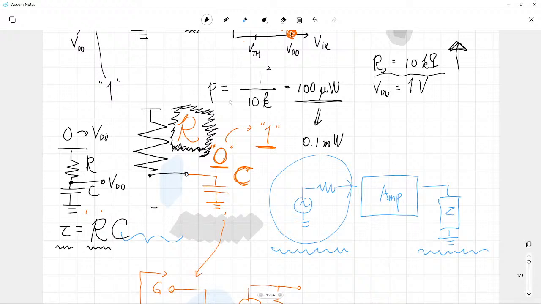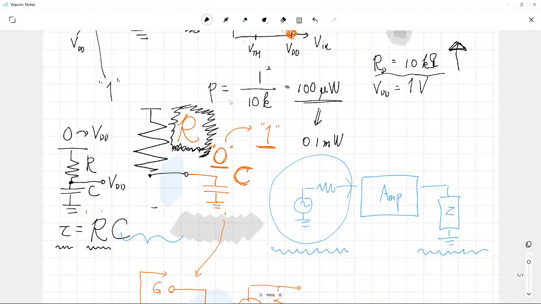It means that it will take forever to charge this capacitor. It means that, oh, your object to take a picture is moving, however your digital logic system cannot process it in a reasonable time. So this time constant becomes too long if we have too large R. So there is a contradiction.